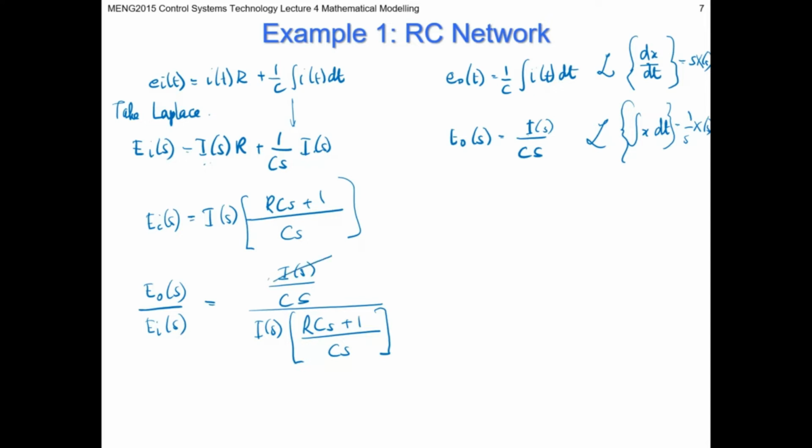So we actually cancel this, and we also have to cancel this. That gives us 1 over 1 plus RCs.